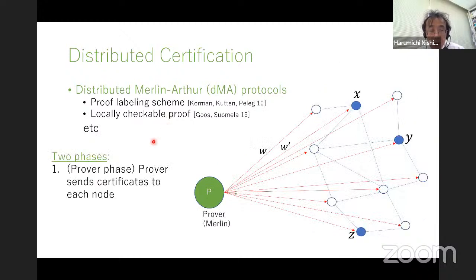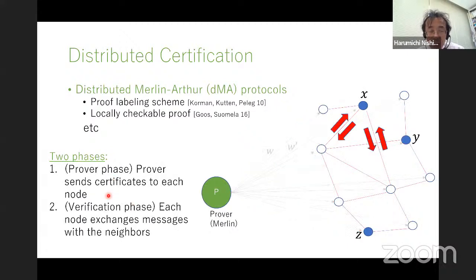In this case, the certification protocol has two phases. First, the prover phase: the prover sends a certificate to each node. Second, the verification phase: the verifier checks the proof by exchanging messages with neighbors.